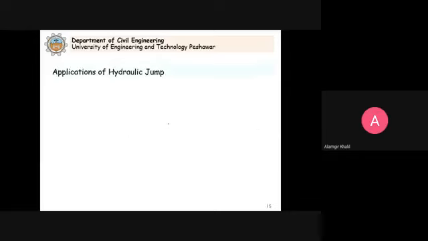So, applications of the hydraulic jump. Now, as I said, this hydraulic jump is actually desirable for different applications. We already highlighted that it is used as an energy dissipator. It reduces the velocity and prevents erosion. Clear?